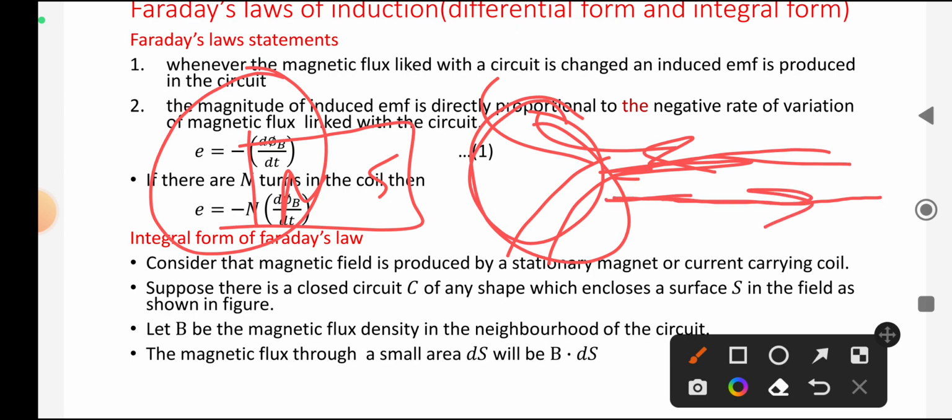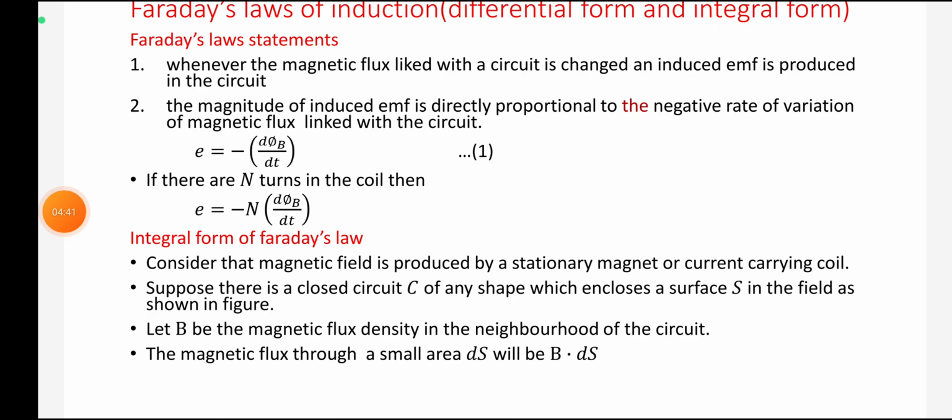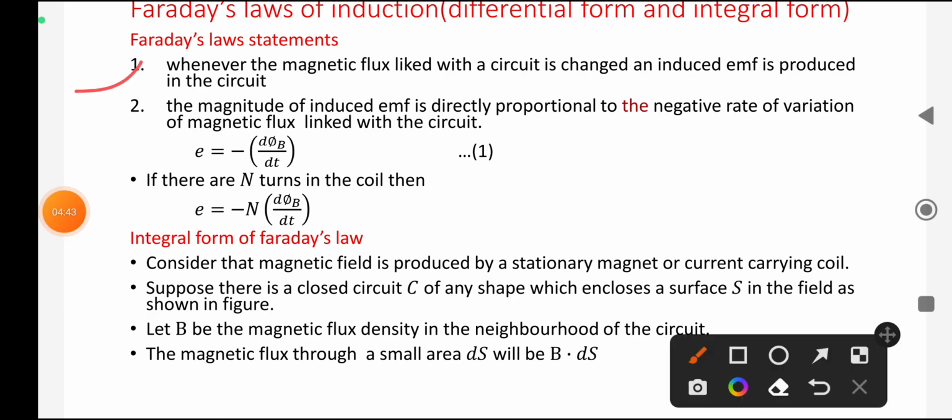Only when changes occur will induced EMF be produced. Once again, whenever the magnetic flux linked with the circuit is changed, an induced EMF is produced in the circuit. That is the first statement.